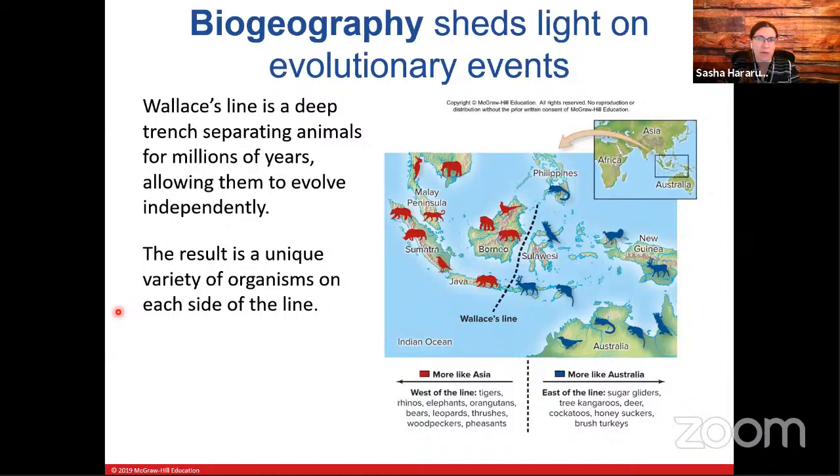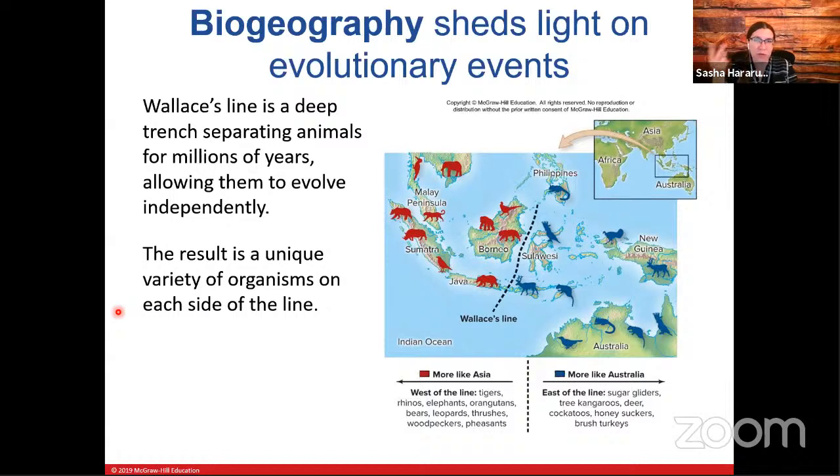A little bit about Alfred Wallace that I wanted to mention. He was a British naturalist like Darwin, and like Charles Darwin, he came to the idea of natural selection completely independently and at the same time as Darwin, which goes to show that the natural selection idea is kind of intuitive once you know enough about the world.